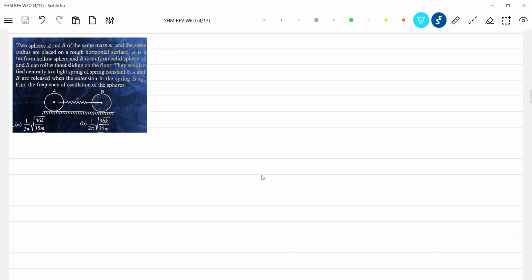Let me try to work it out. Let's have a small rough diagram so that it'll help us a lot to write the equation.